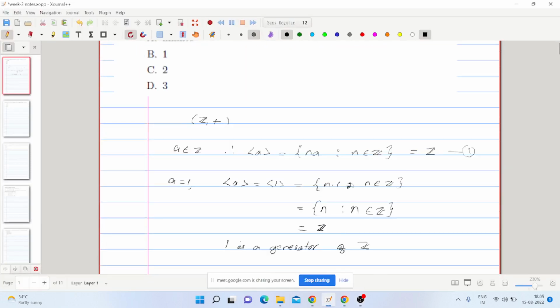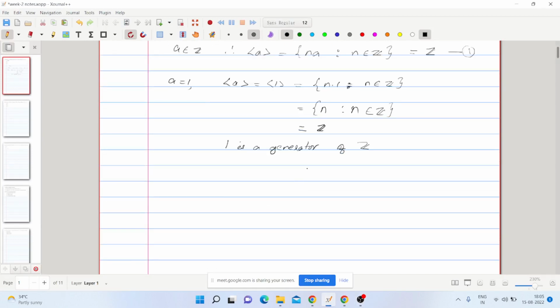Now let us go to other elements. If I am taking a equal to 2, what will be the subgroup generated by 2? That is, what are all the elements generated by 2?